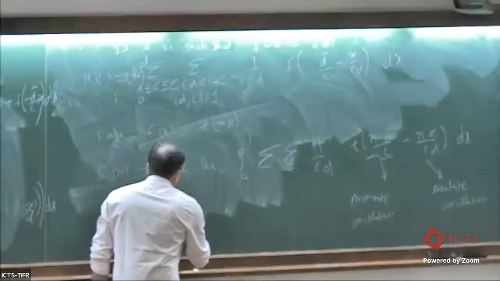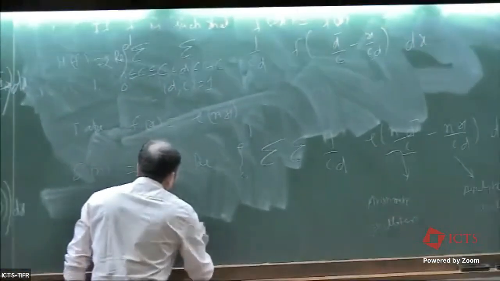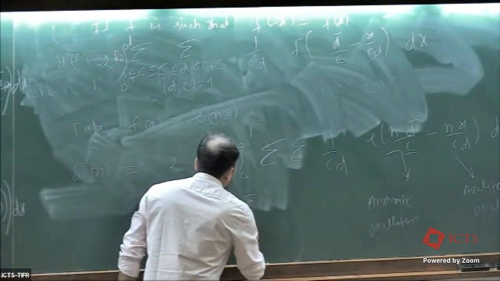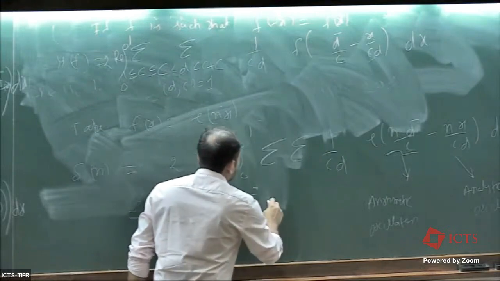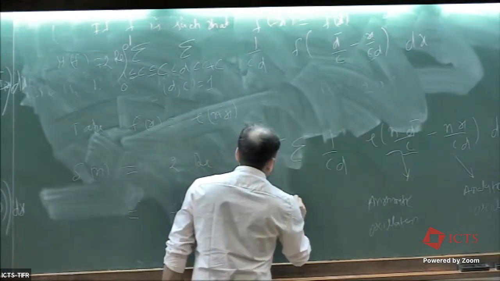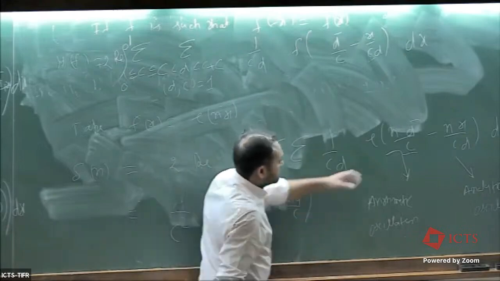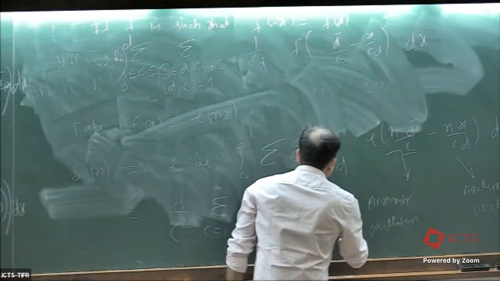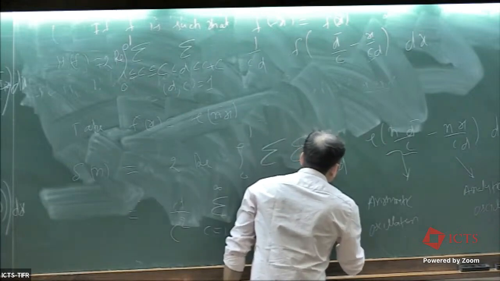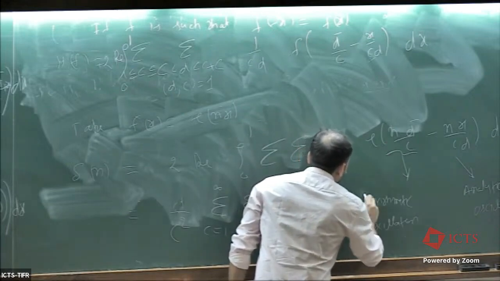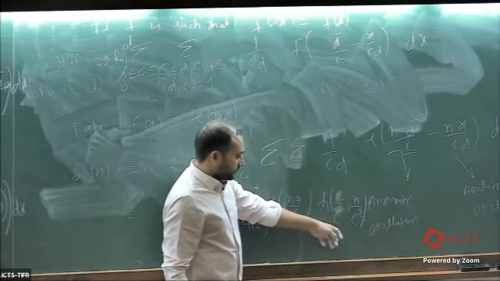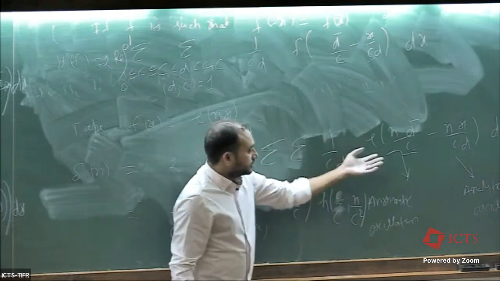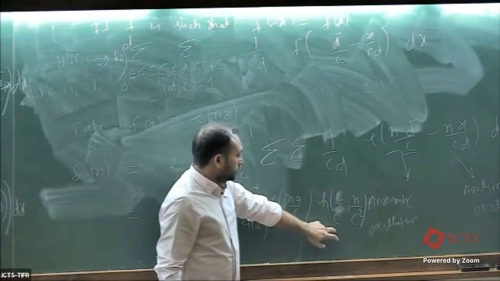So you can write 1 by C square, summation over C from 1 to infinity, summation over A modulo C star, e of nA by C. Instead of A bar, you will get A, and h of C by C, N by C. Now this analytic function is totally independent of A or D.